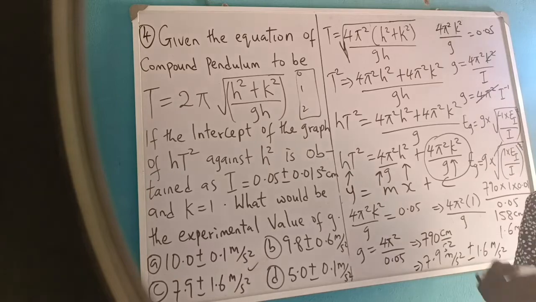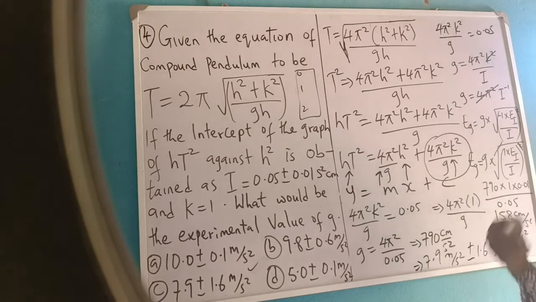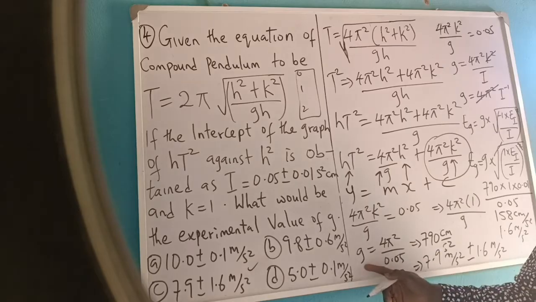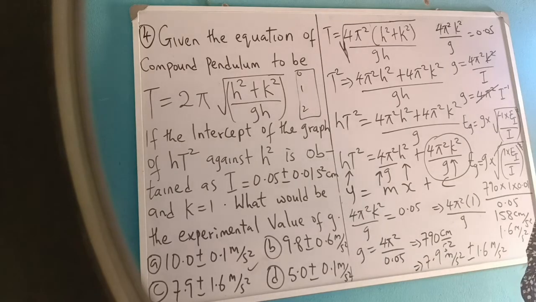So we will be uploading more questions on error analysis, questions they can ask you in objective examinations, alternative to practicals, so that you see how you can compute it. There are other ways you can get error in G depending on the questions given to you.